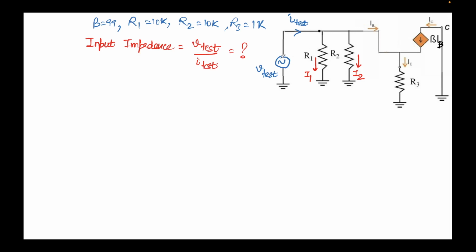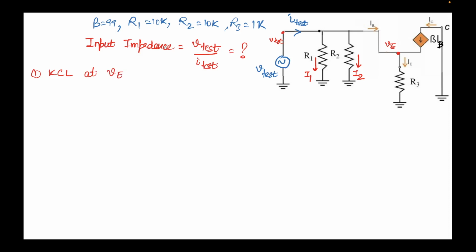Now we'll look carefully at this node, the emitter node over here. This voltage is nothing but V test, and this is just a wire, so all the voltages here will be V test. Similarly, let's call this node, for the time being, VE. First I'll apply KCL at node VE.